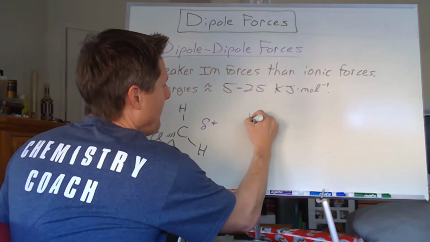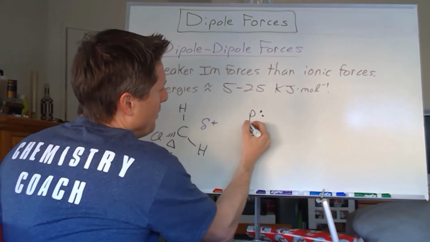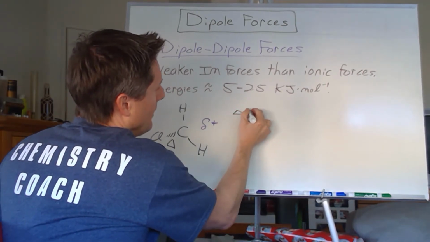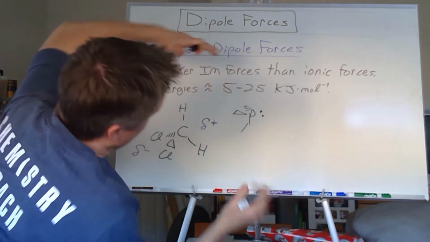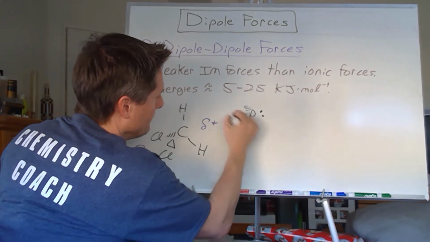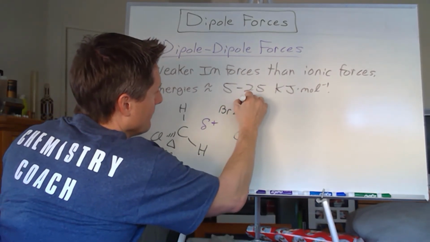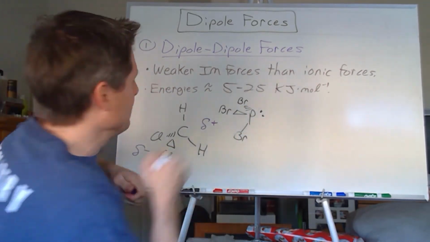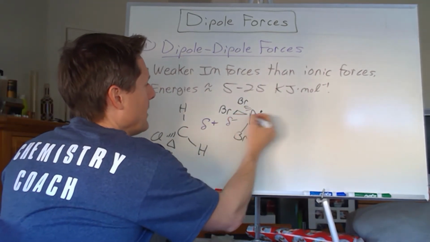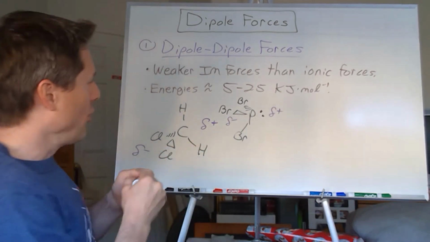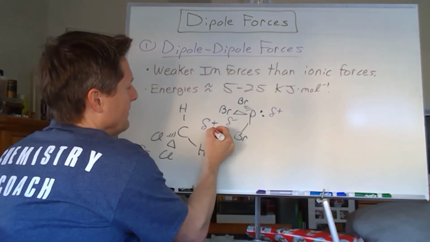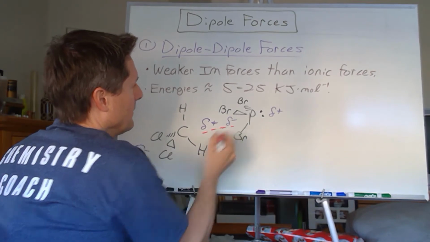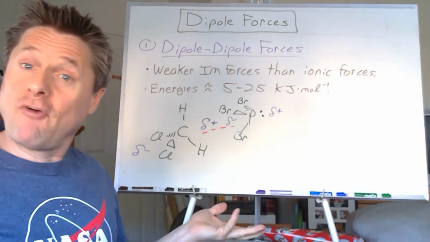So I'm going to take my phosphorus, put my lone pair there, and I'm kind of twisting my body around so that you can see how this maximizes. So that central area of those bromines where it's negative rotates, and you get your dipole-dipole force.